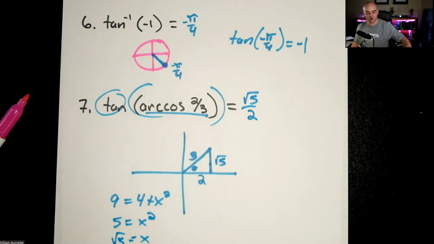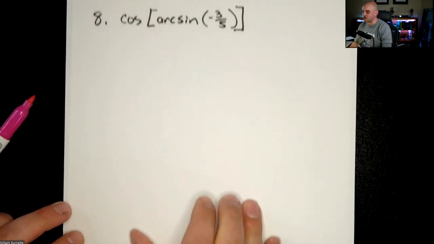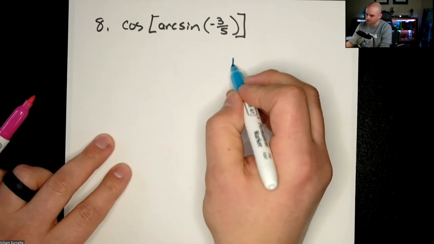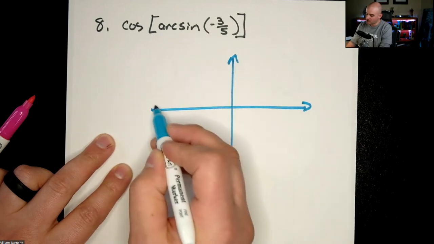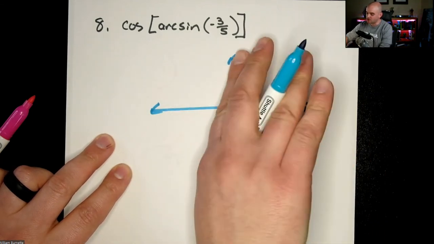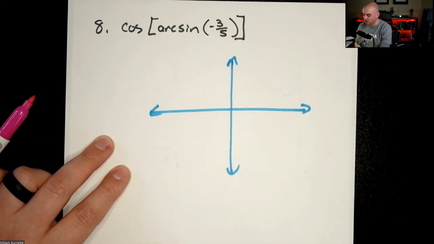Let's try one more like that, because I know sometimes that can be a little bit confusing. Try this one out: the cosine of the arc sine of -3/5. Now remember, sine is restricted to the right half, so I know that yes, sine is negative, so it's going to be down here or down here.